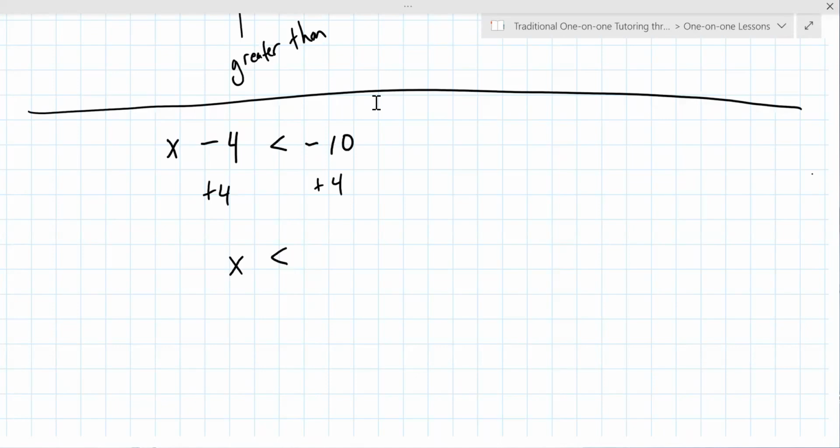Anyways, that right there is going to be 14? Negative 10 plus 4. Think of negative 10 as like you lost 10 points in a game, and adding 4 means you gained 4 points.